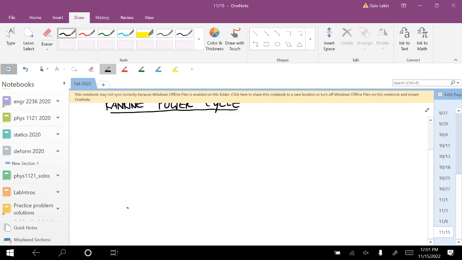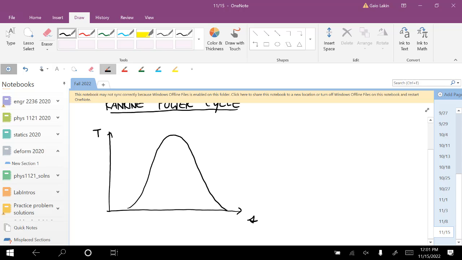If you look at it on a temperature specific entropy graph, the ideal Rankine cycle looks like this.